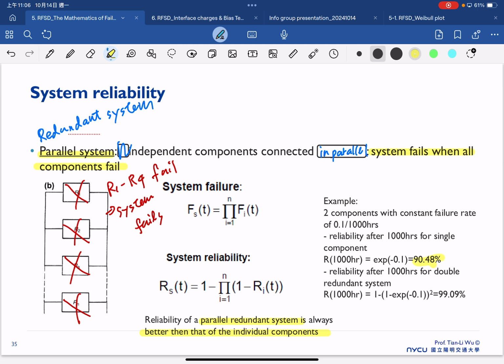But if we now consider a double redundant system, with two components in parallel, we increase our reliability by around 9%. So this is just some mathematical equation to formalize a concept you already have in your mind, because we all already know that we put in some backup to make sure the system can be more reliable.